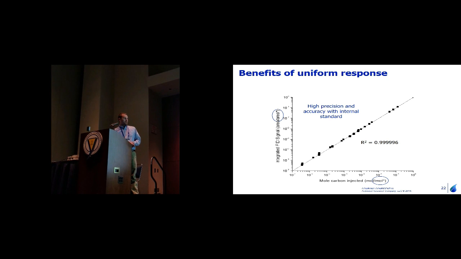We're plotting right here the moles of carbon injected of our analyte divided by the moles of carbon injected of our internal standard. And we're showing the FID signal for the analyte divided by the internal standard. And over 7 orders of magnitude, we see a very high linearity.